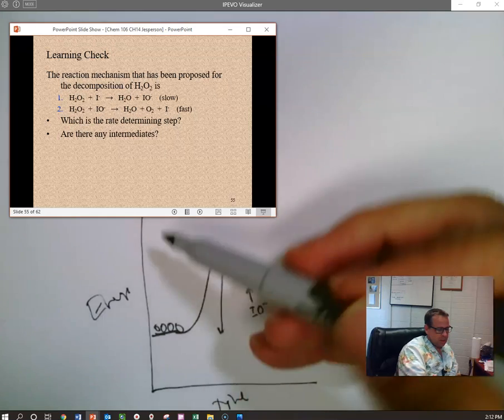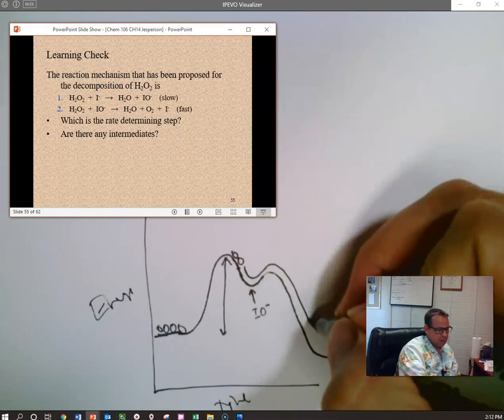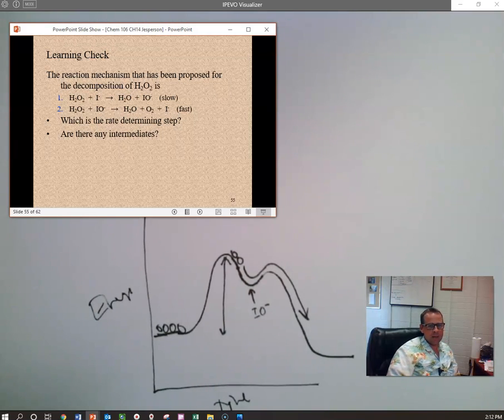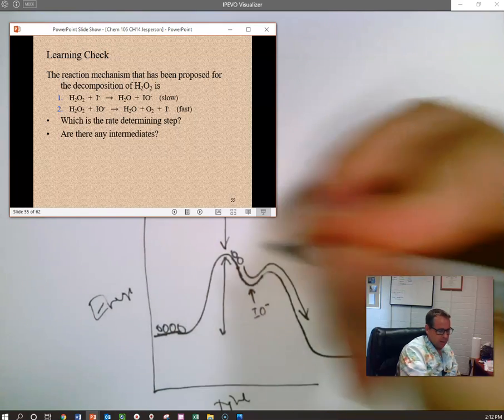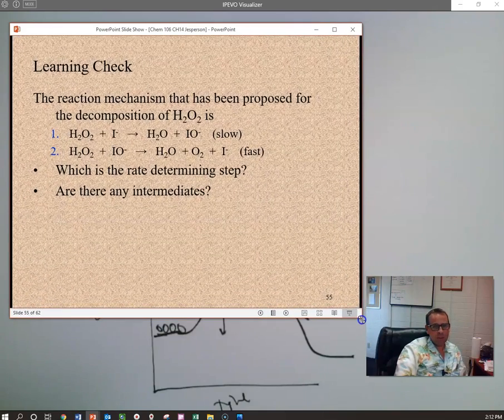By the time the materials get past this, they have enough energy that they'll easily be able to sweep past the second step. So that's why the highest activation energy step will be the rate determining step. It'll also end up being the slow step in the reaction. Okay, so that's how we can determine our rate determining step.